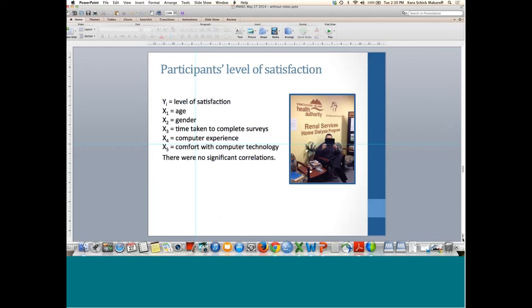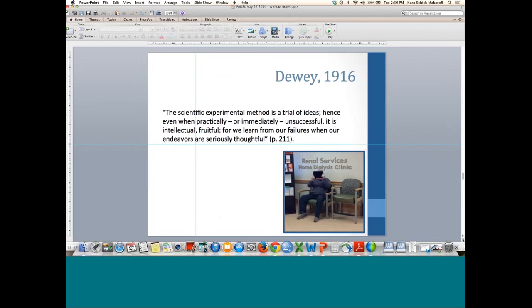As a quantitative researcher, you're not super happy with those kind of results, but it's certainly not uncommon to have non-significant results. And John Dewey in 1916 wrote this, and I think it's very appropriate in a case like this of non-significant results. He wrote, "The scientific experimental method is a trial of ideas.